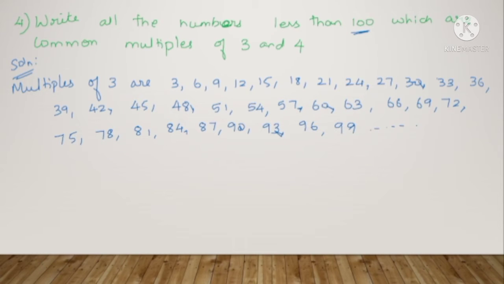Because it is less than 100, I think it is enough to write up to 99. Okay. Now we have to write the multiples of 4.